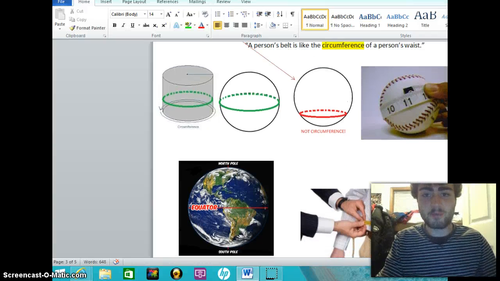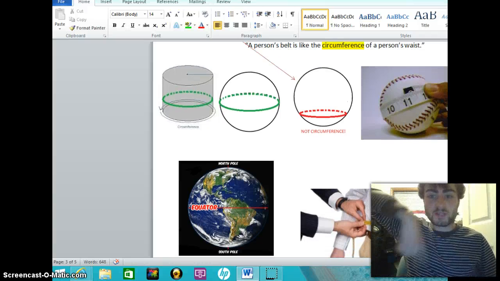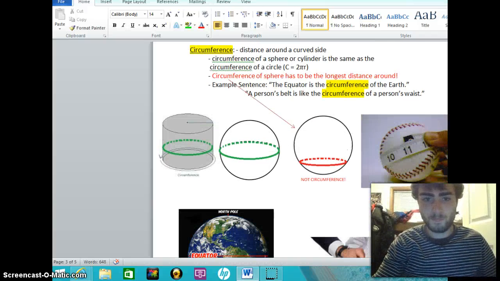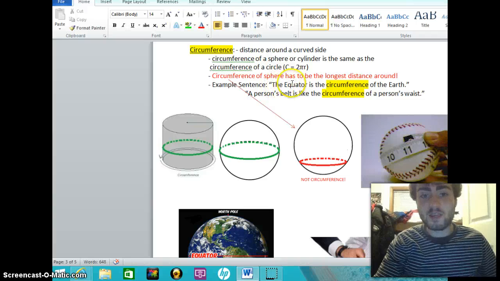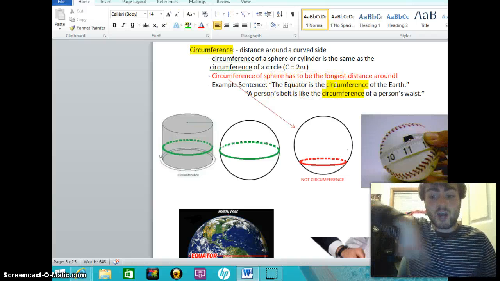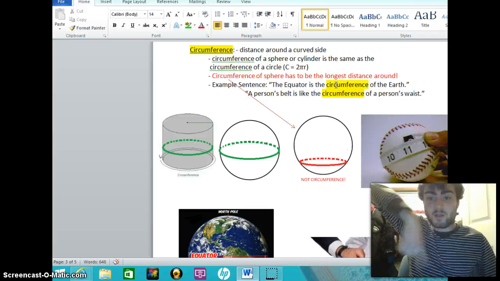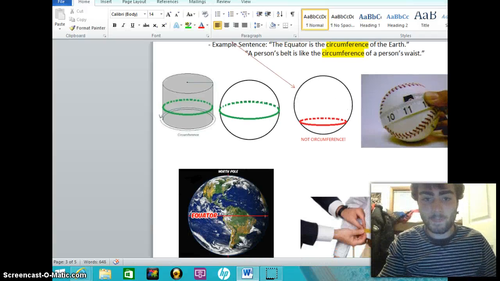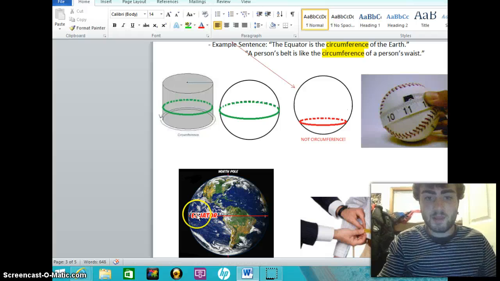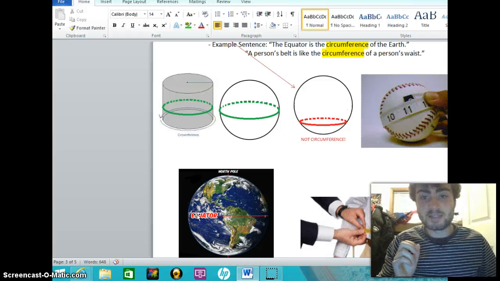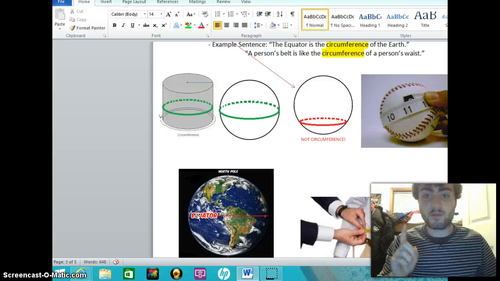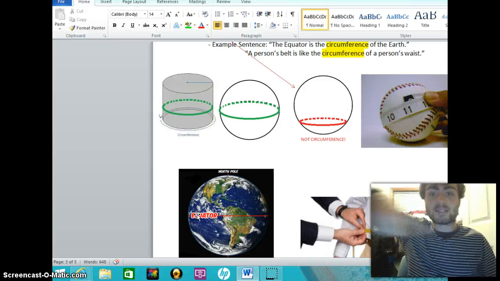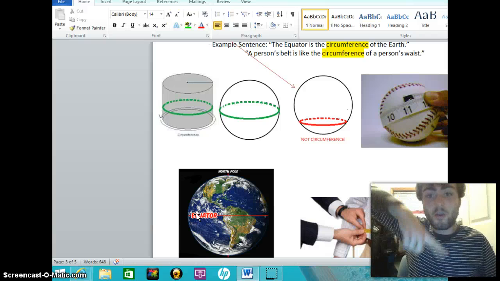So here are some examples of circumference. The equator is the circumference of the Earth. Please repeat this back to me. The equator is the circumference of the Earth.